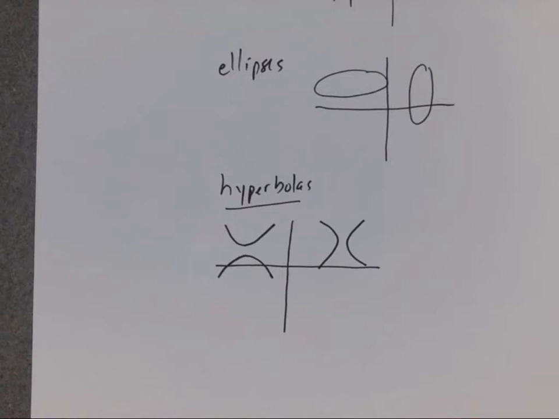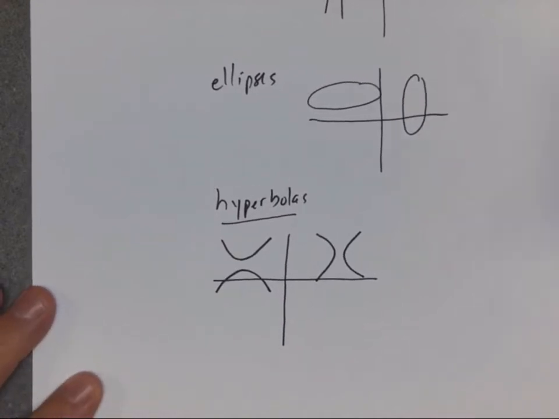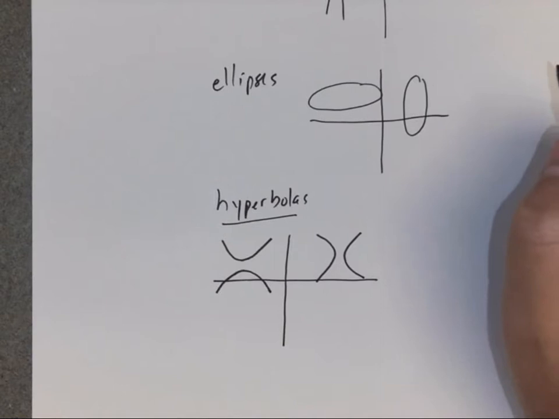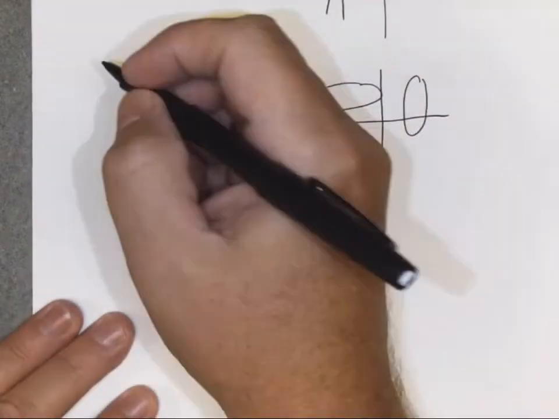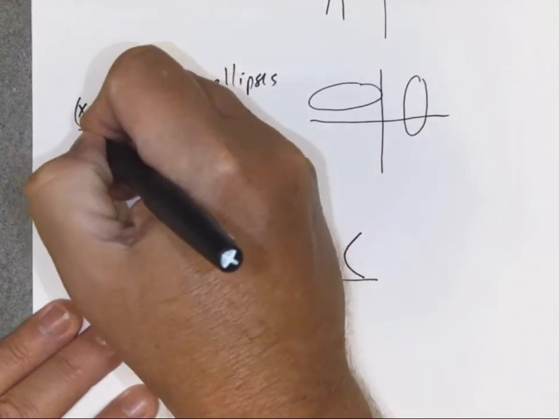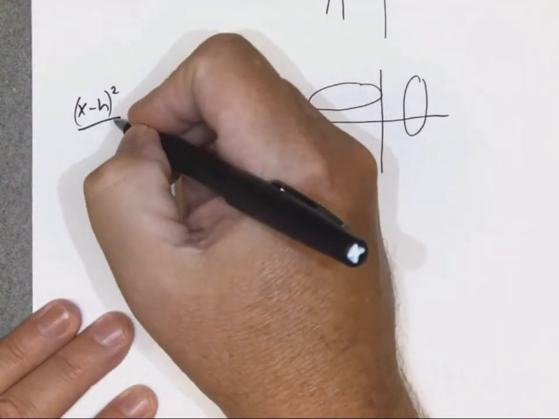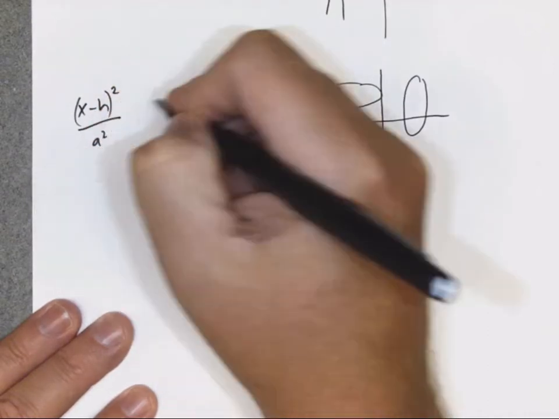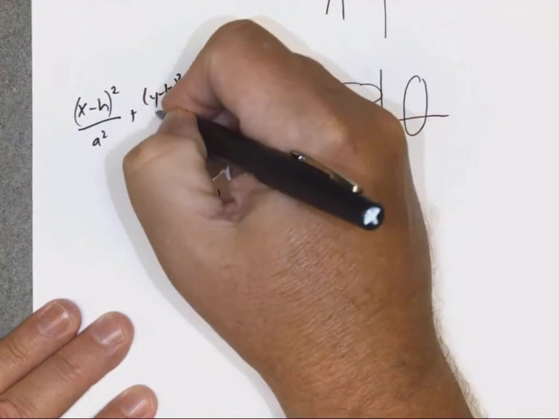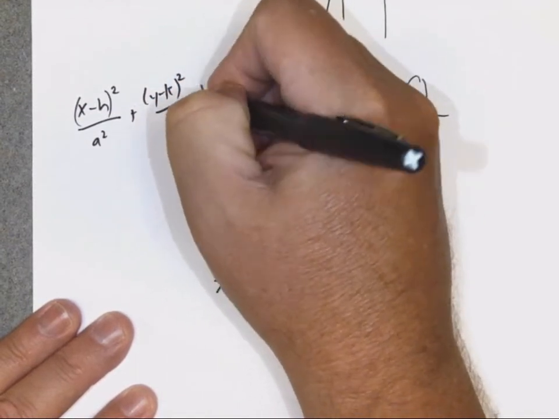What's interesting, if you recall about ellipses, the equation for an ellipse, there are two possible equations. Let me just write one of them. X minus h squared over a squared plus y minus k squared over b squared equals 1.